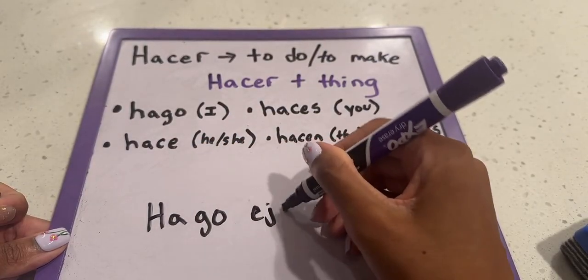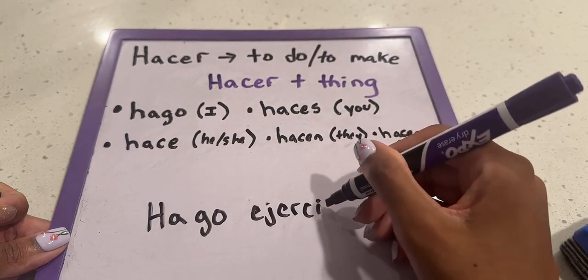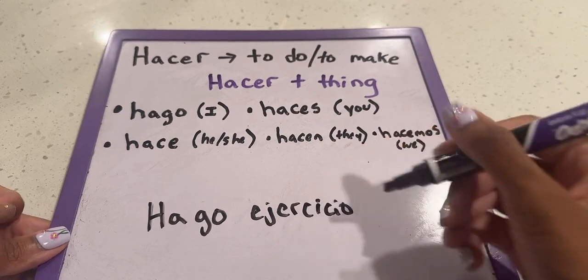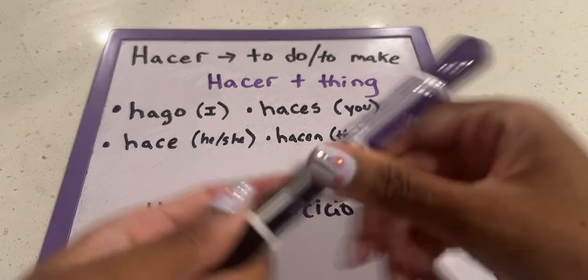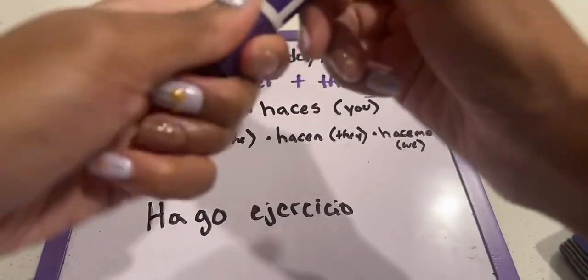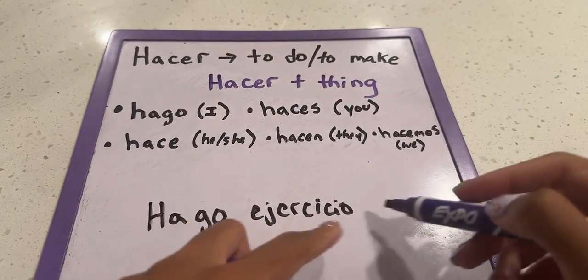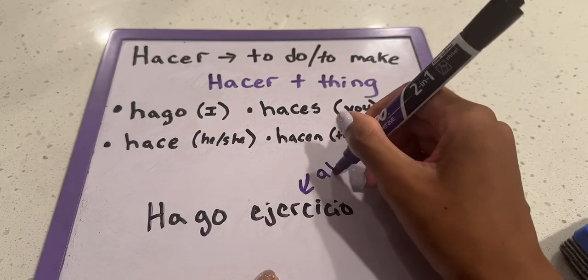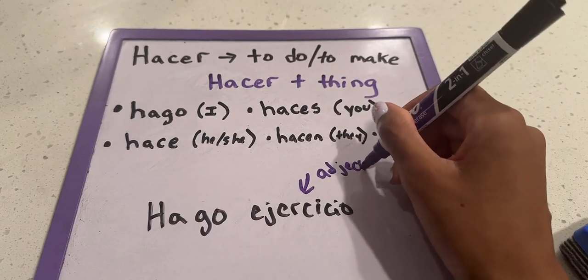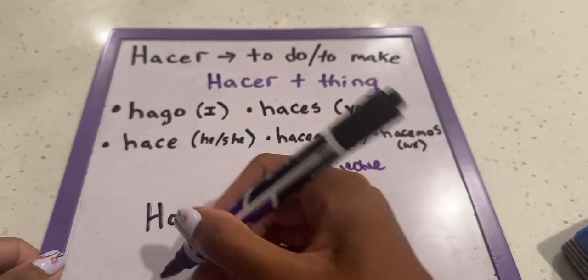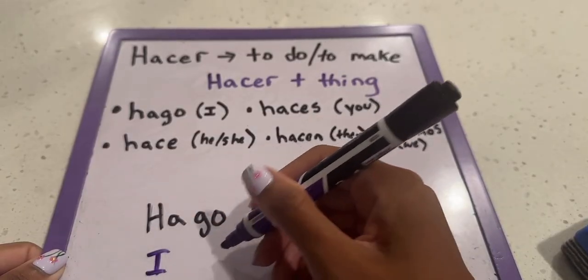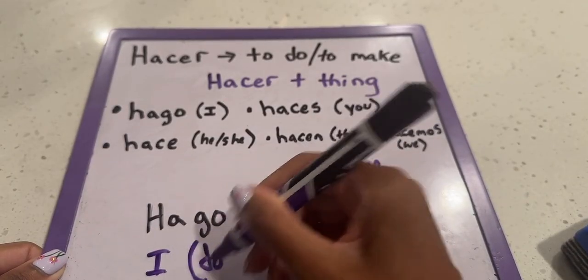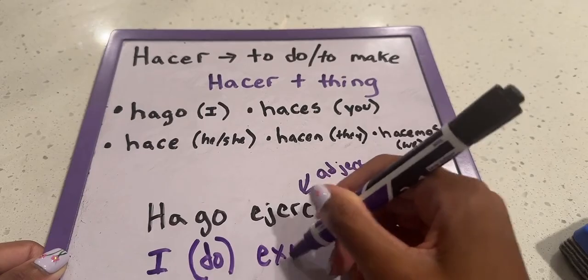So, hago ejercicio. Now, we cannot directly translate it, but what this more roughly says is not "I do to exercise." This word here is being used more like an adjective. So it's more like "I do exercise."